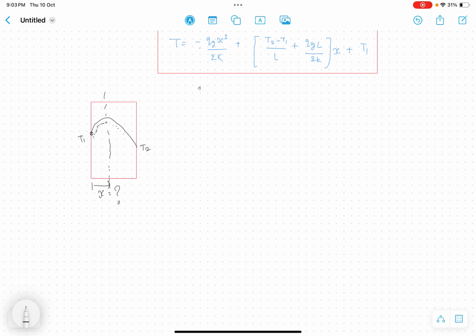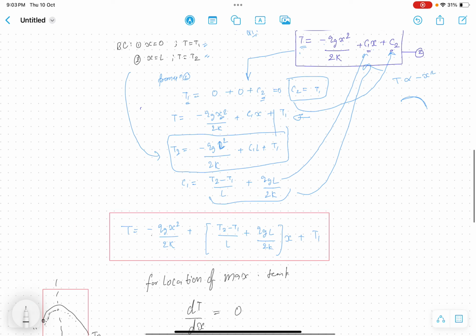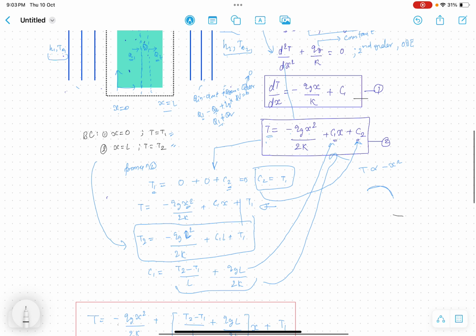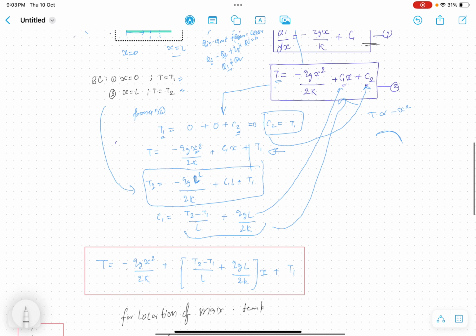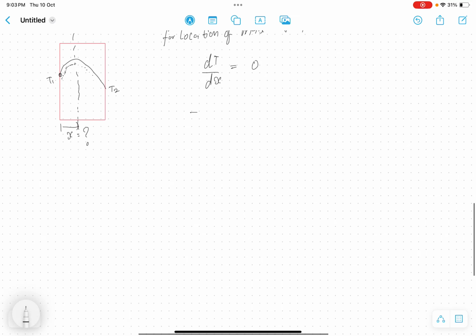Okay, so for the location of maximum temperature, differentiate our equation once and put it equal to 0, right? We already have this term, so dT by dx is 0, so minus qgx divided by k plus c1 equal to 0.